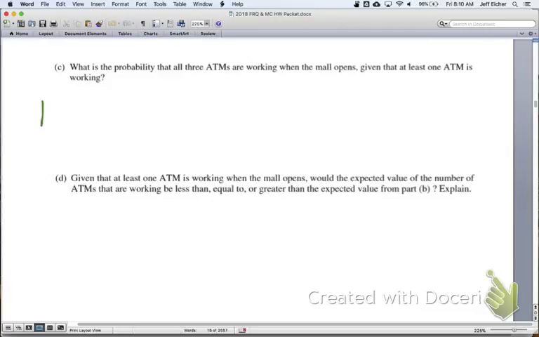So we want the probability that 3 work, given that at least 1 works.